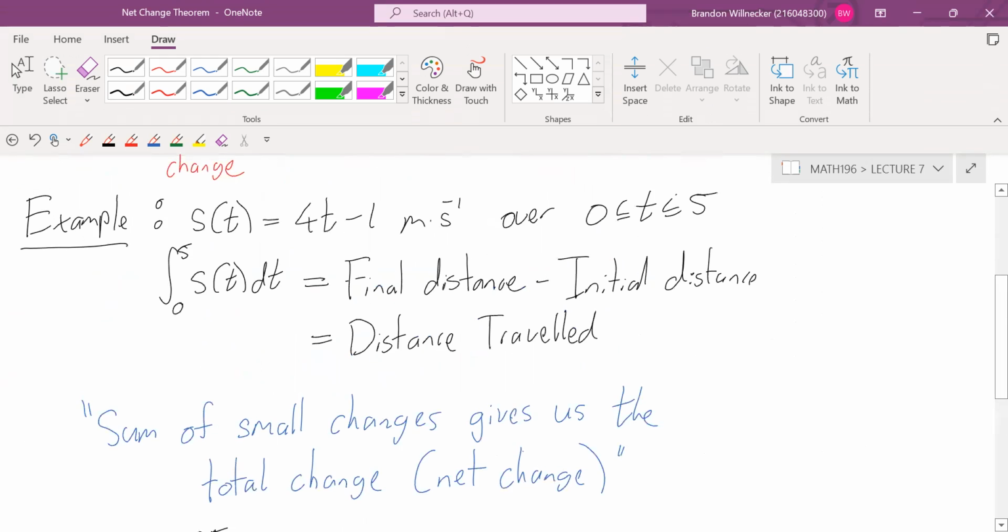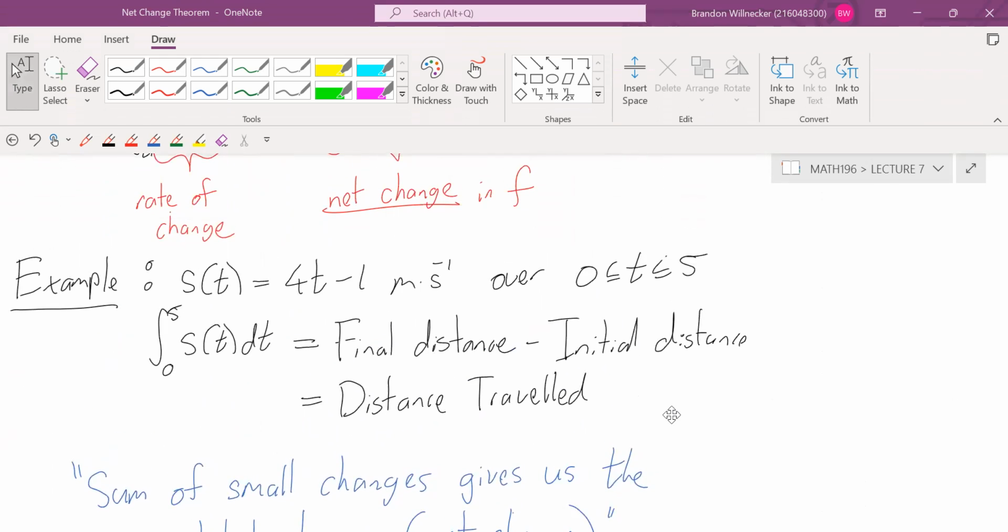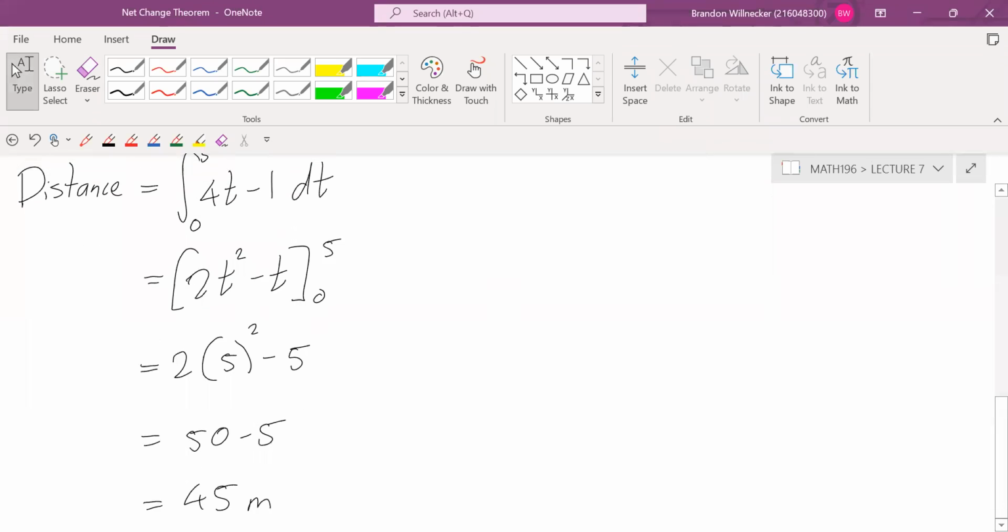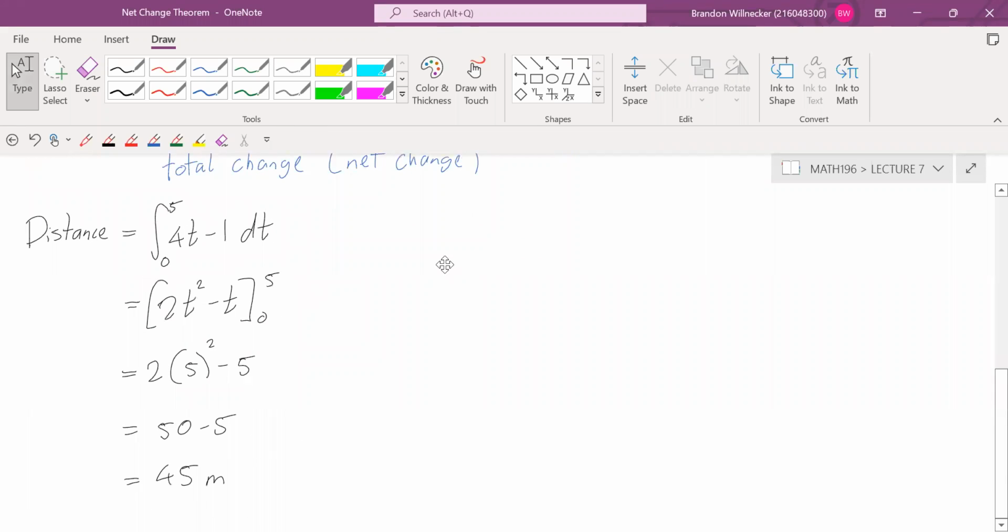So this kid was running at this speed between t equals 0 and t equals 5. After 5 seconds, the kid ran 45 meters. This is the application of the net change theorem. So you see it's not too bad. Are there any questions about the net change theorem?